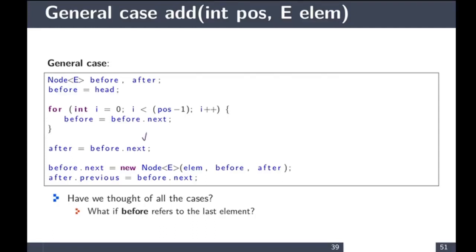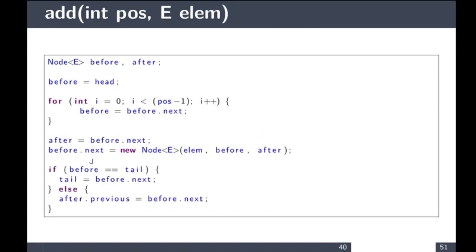So therefore here we will store the value null inside the variable after. If we are to execute after.previous, again we get this null pointer exception. Okay, so we have to detect this situation.